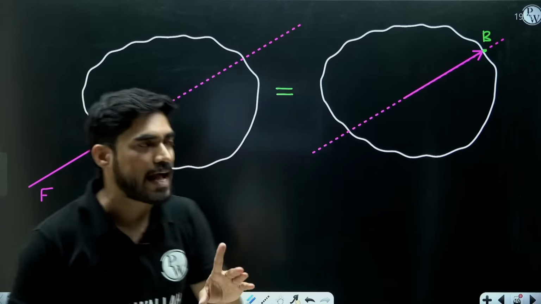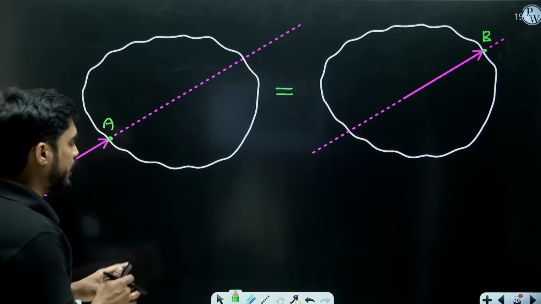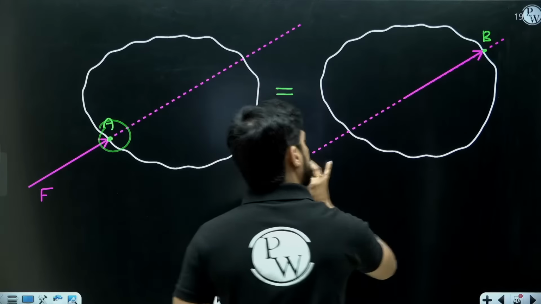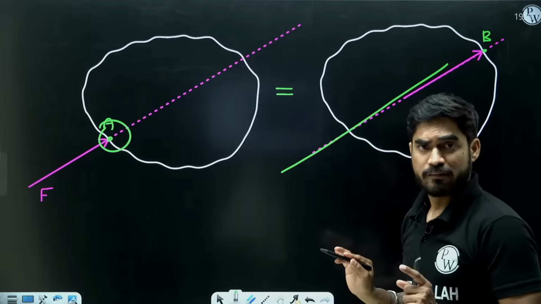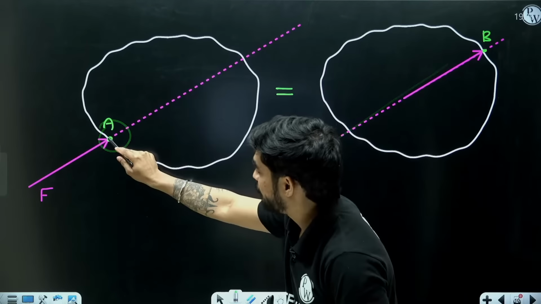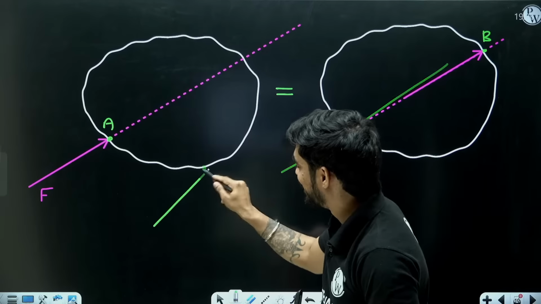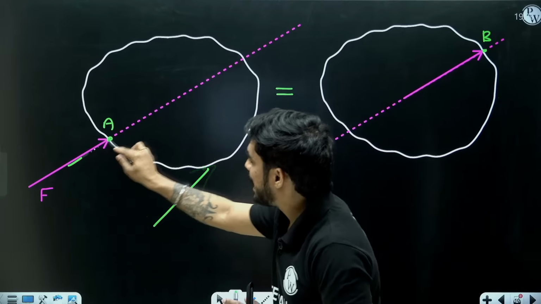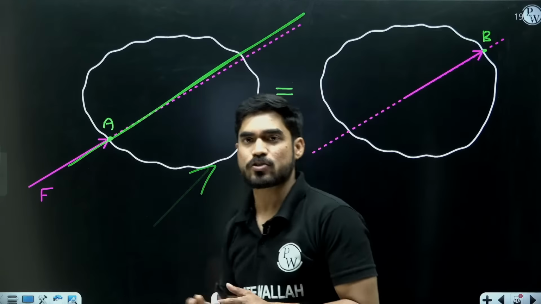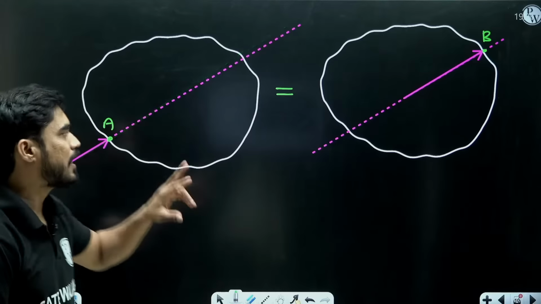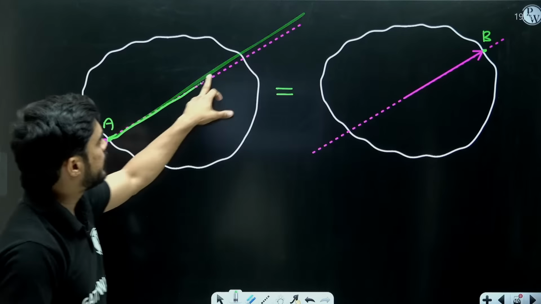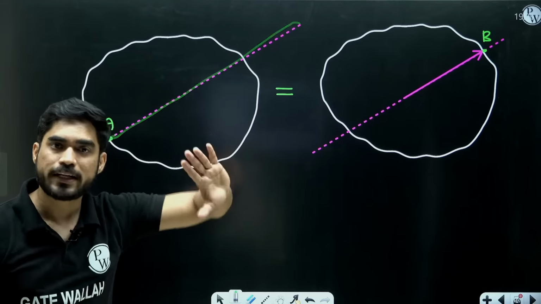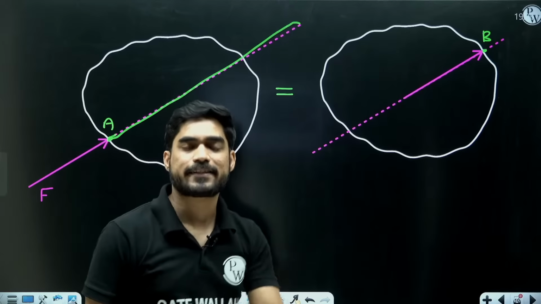So it means that if I change the point of application from A to B along this line of action, we can't change the point of application from A to C like this. No. That point must lie on this line of action. Even if I change the point along this line of action anywhere, it is not going to change the external effect.